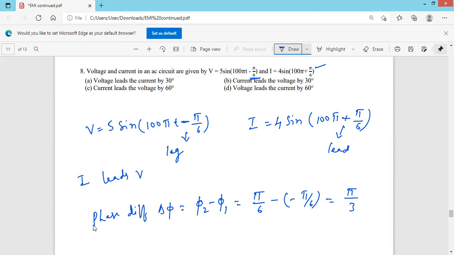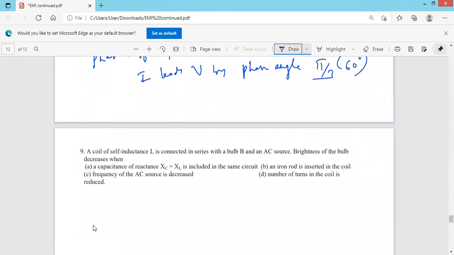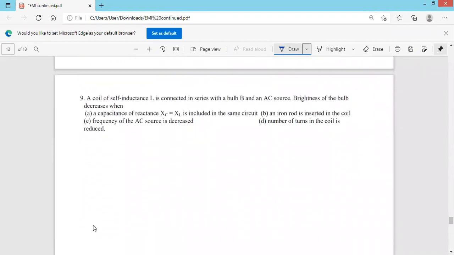Therefore, current I leads V by phase angle pi by 3. Pi by 3 means 60 degree. So the current leads the voltage by 60 degree. Option C is the correct answer.